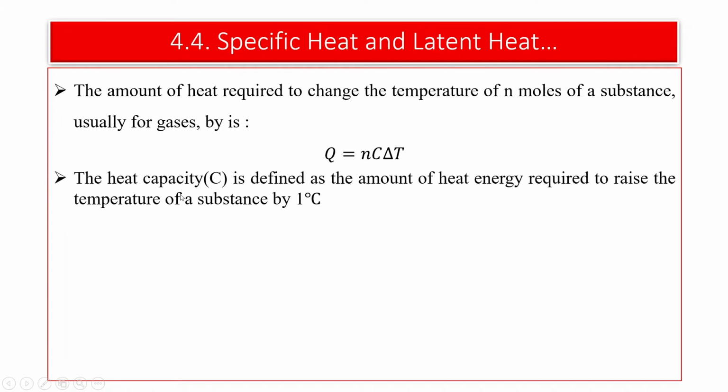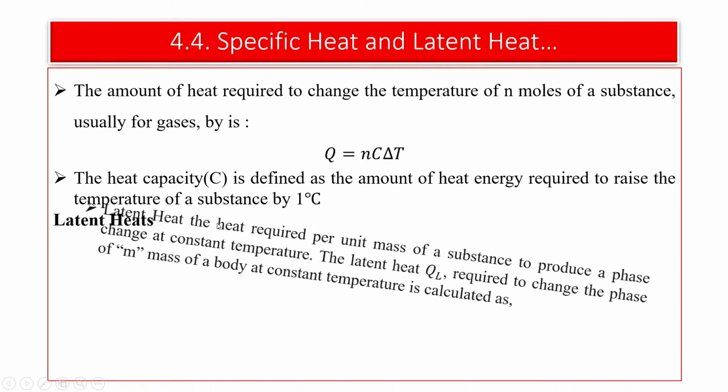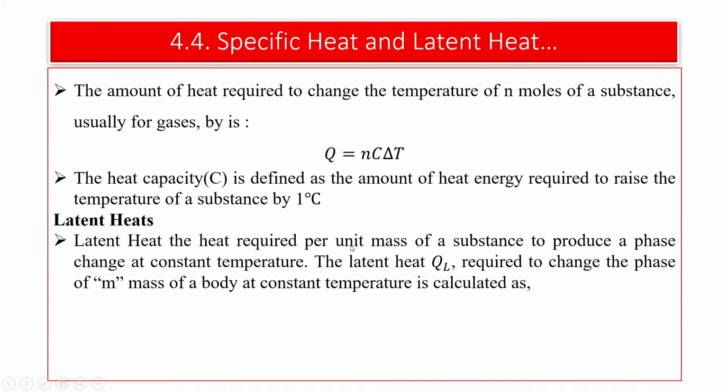Next, we have to see latent heat. Latent heat is the heat required per unit mass of substance to produce a phase change. Whenever we say latent heat, it is required not to change the temperature, but to change the phase. Phase change means changing from solid to liquid, or from liquid to gas. The energy required to do that is latent heat.